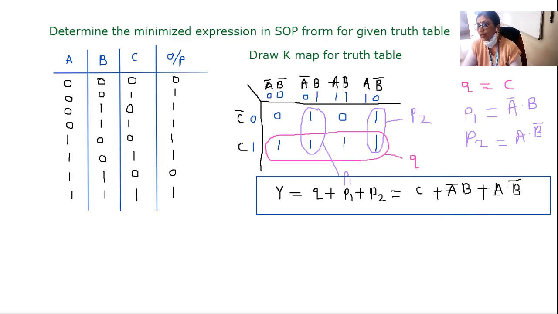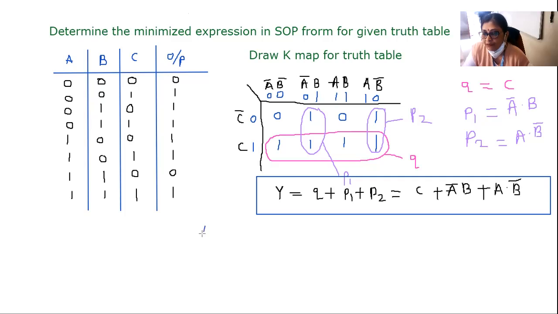In order to form product A dot B bar, we will require another AND gate. And to add these terms, we will require an OR gate. So two NOT gates, two AND gates, and one OR gate. Okay. So this is what we require in order to realize the expression. So let us draw the diagram of this.